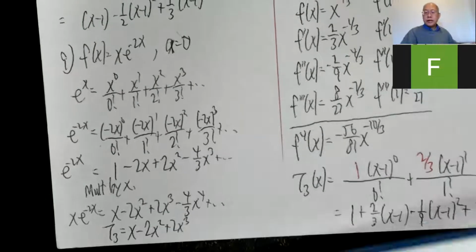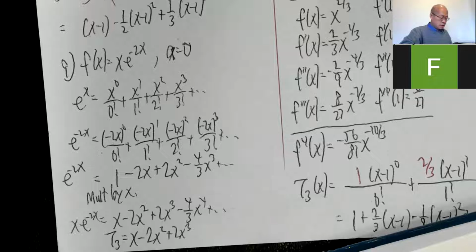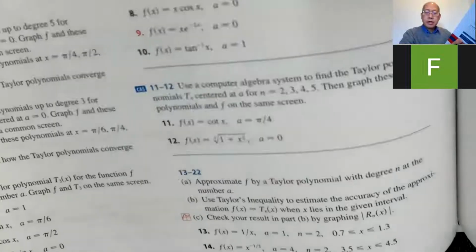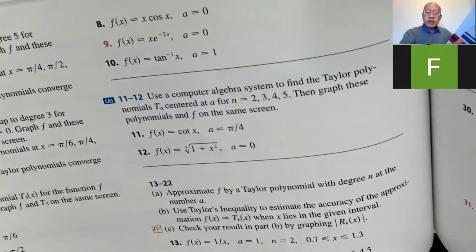Okay, so that takes care of most of those kind of problems. Okay, now for 13 through 21, this is new. So approximate f by a Taylor polynomial.